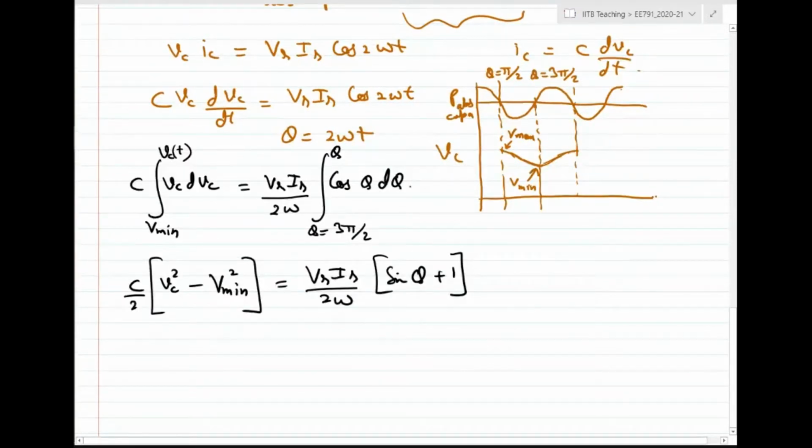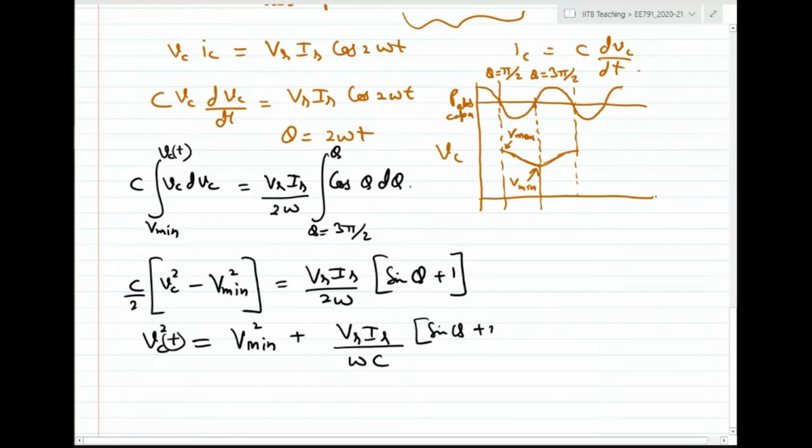Let me do a little bit of rearrangement here, and I can write Vc square at any instant t as V minimum square plus VR IR upon omega C into sine theta plus 1. Right, so far so good.